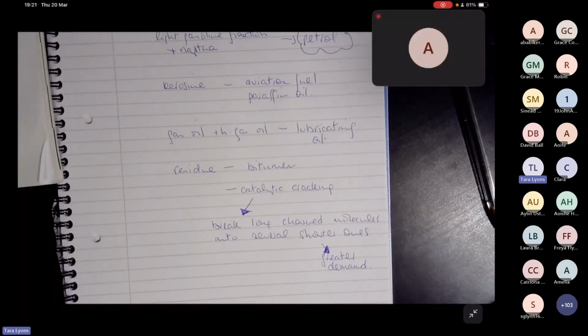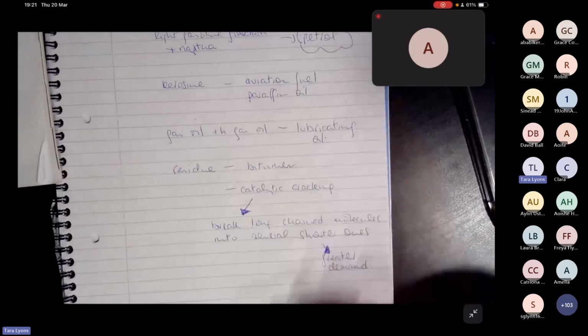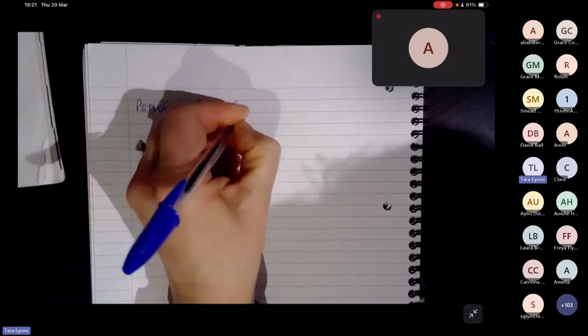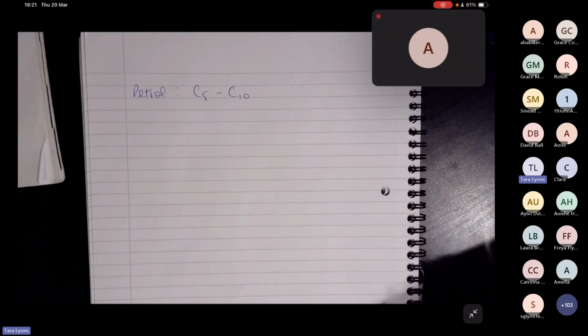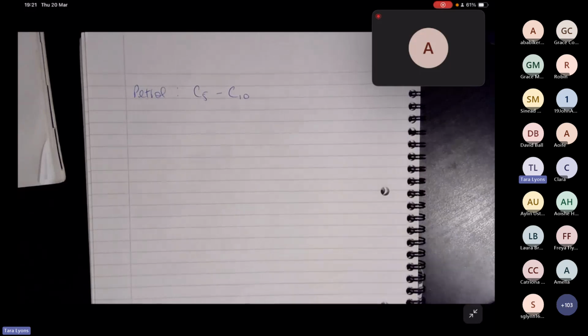Now, what else can we talk about? Well, we need to talk about petrol, folks. Now, petrol comes from your naphtha and your light gasoline petrol. So petrol. We're looking at molecules, anything from C5 to C10, right, in petrol. And the petrol that we use needs to ignite with air in a certain compartment in the car engine.